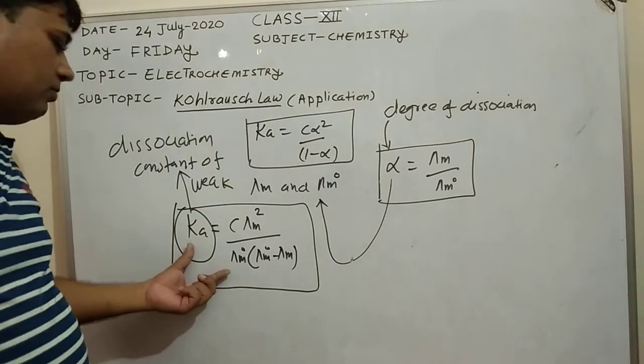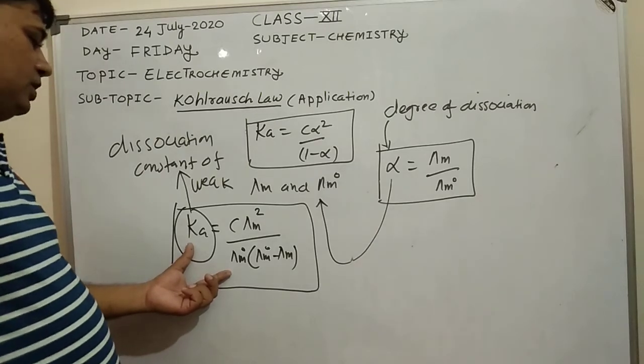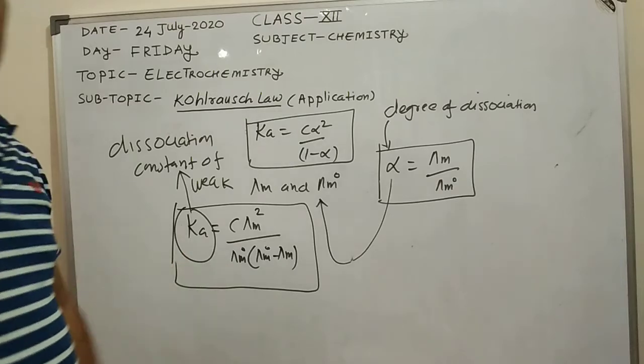With the help of this equation we can calculate alpha, the degree of dissociation, and the dissociation constant for weak electrolyte. This is a very, very important question in examination. This equation is asked directly in terms of MCQ.